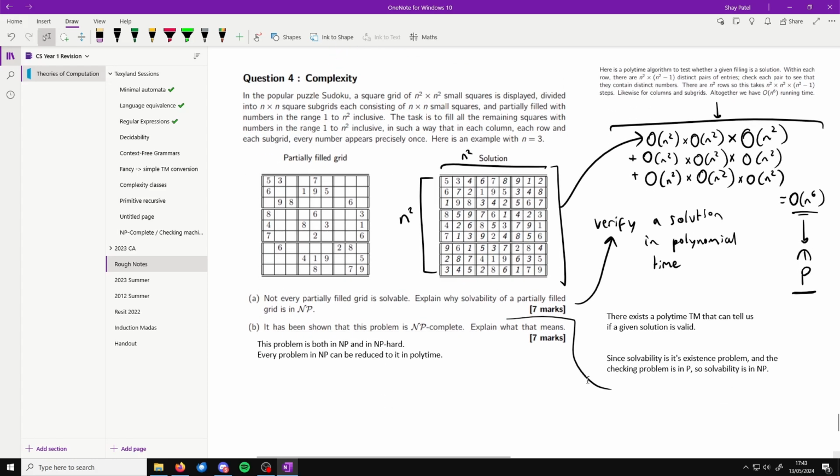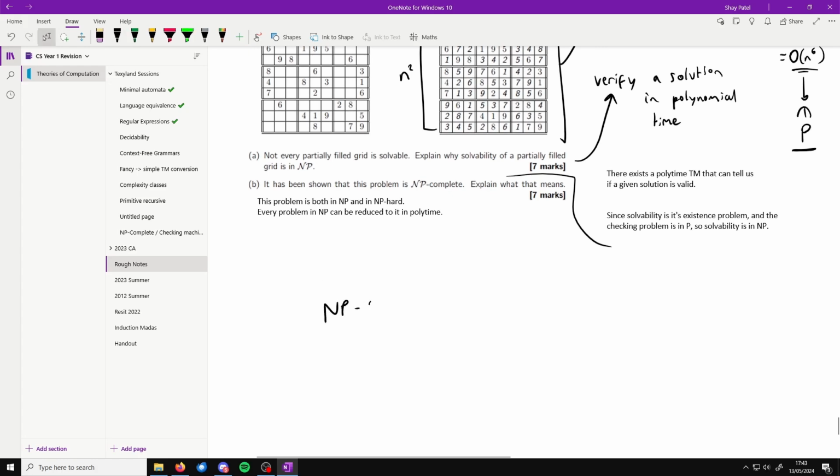NP hard is a subset of NP, and NP complete is... Oh no, NP hard is not a subset of NP. That is wrong. NP complete is a subset of NP hard, and NP hard is just as hard as the hardest problems in NP.